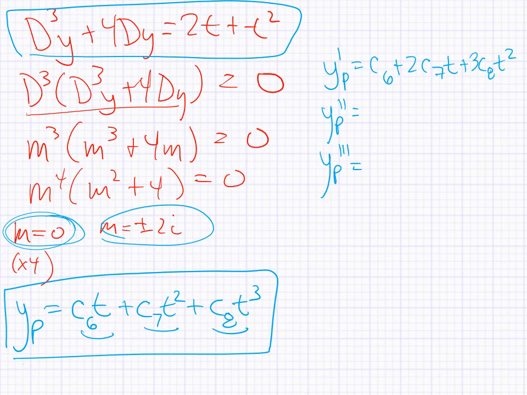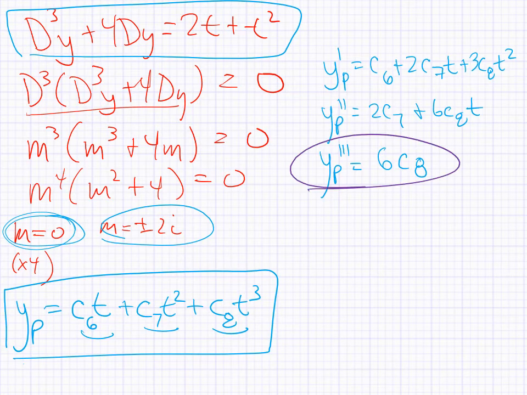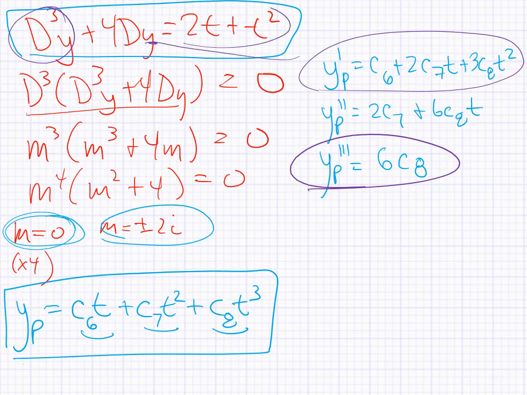And then the second derivative would be 2C7 plus 6C8 t, and then the third derivative would be 6C8. All right. The nice thing is none of these derivatives are very difficult. So we're going to take this, plug it in here, take 4 times this derivative, and plug it in here, and it should equal 2t plus t squared.